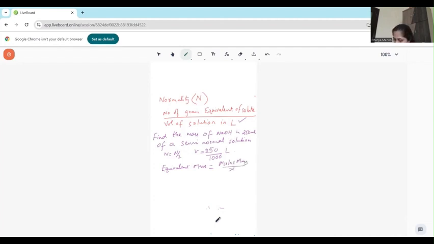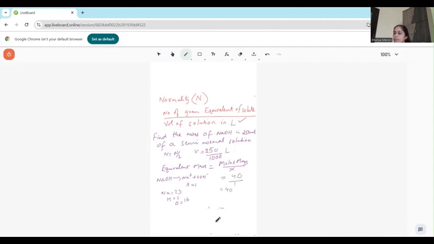So sodium hydroxide will dissociate to give Na plus. And how many OH minus ions are there? Only one, no number, that means it's equal to 1. So X is equal to 1. And how much is the molar mass? Sodium is 23, hydrogen is 1, oxygen is 16. So sodium hydroxide is 23 plus 16 plus 1, that's equal to 40. So it comes to 40 by 1, which is equal to 40. So this is the equivalent mass. So equivalent mass comes to 40.